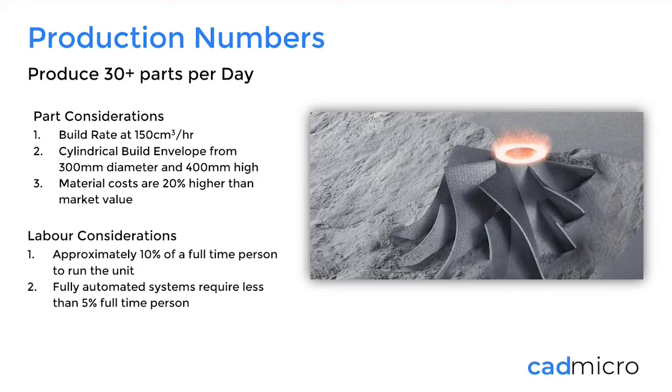So this slide here, production numbers. The main KPI when you talk about additive manufacturing, especially with metal, is the build rate, or build volume is also a commonly used term. So we can get up to 150 centimeters cubed per hour.